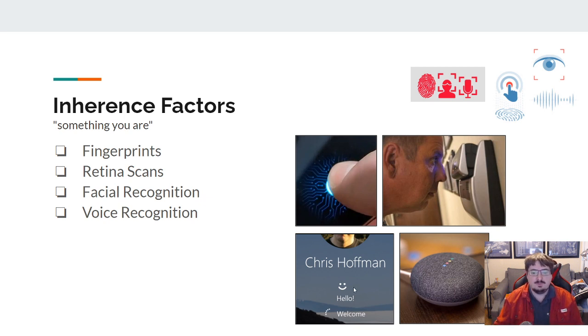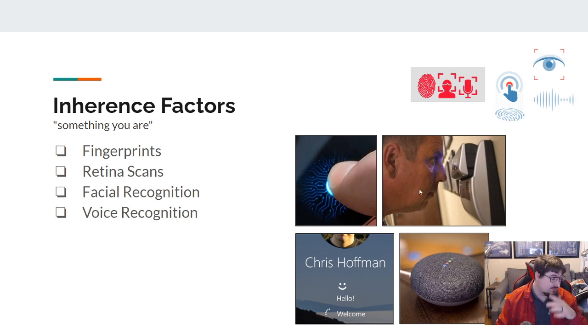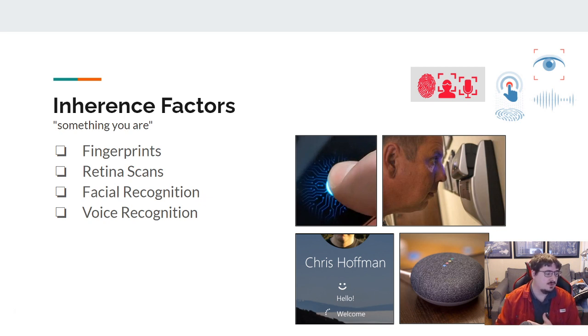That can be fingerprint scanners. That can be retina scans, which we've had since the 90s, and you'll see at some secure facilities. That can be newer things like facial recognition. Facial recognition's been around for a long time, but we've only recently started to use it for authentication.